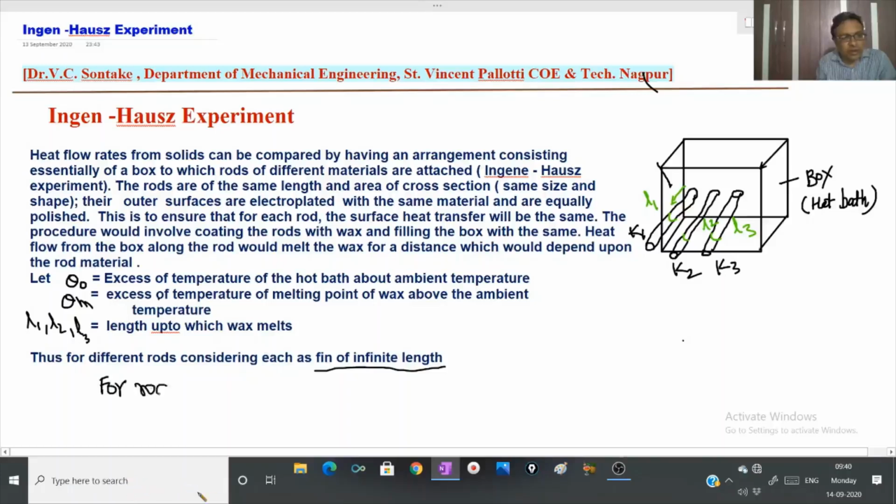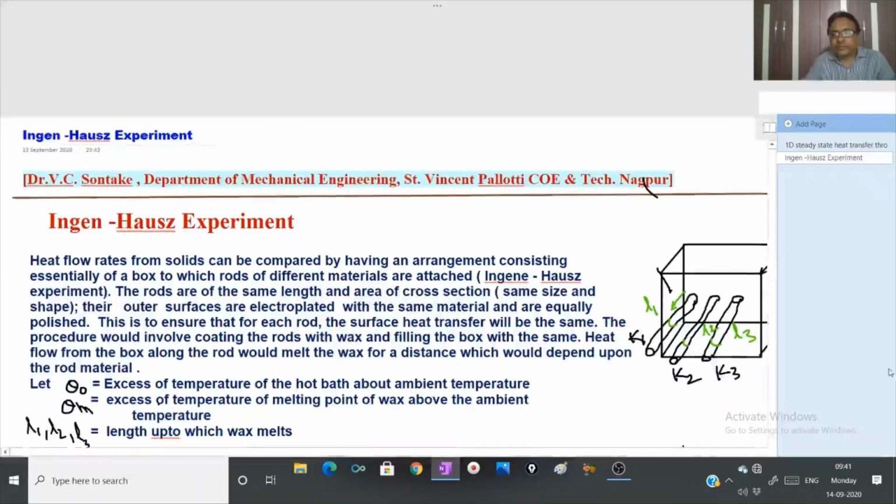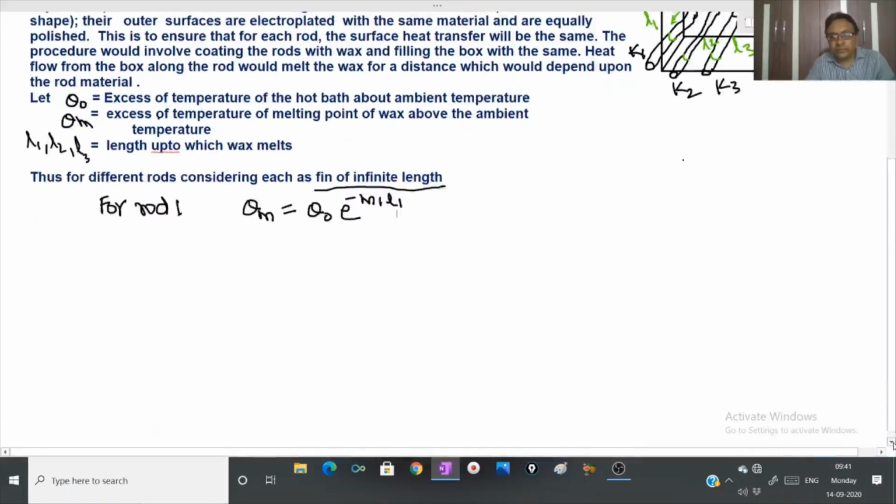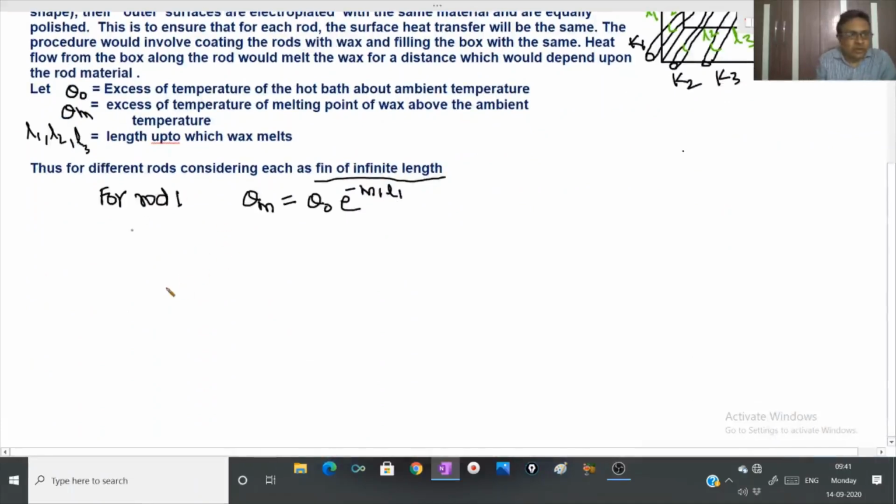For rod 1, theta m is equal to theta o e to the power minus m1 L1. This temperature distribution we have already found out.